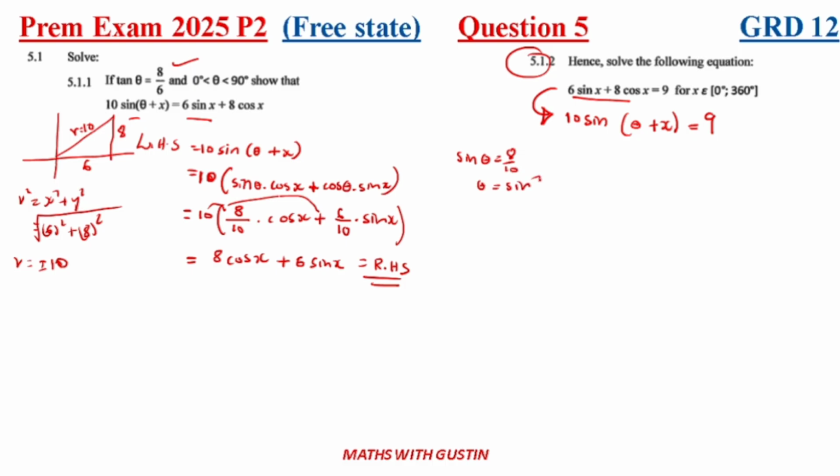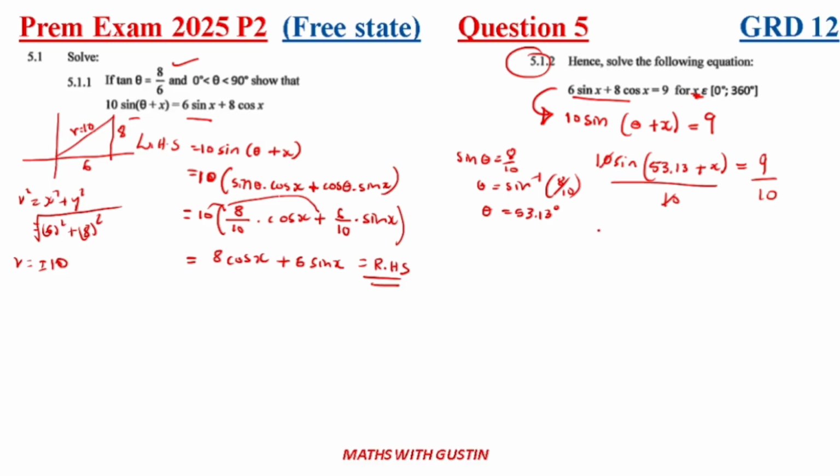You're going to go second function, sine inverse of 8 over 10, which gives us 53.13. With that in mind, I can substitute theta there. Sine of 53.13 plus x is equal to 9. Because I'm looking for x here, I'm going to divide everything by 10 and cancel that 10 out.